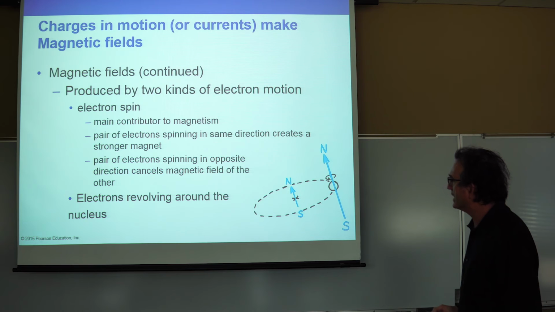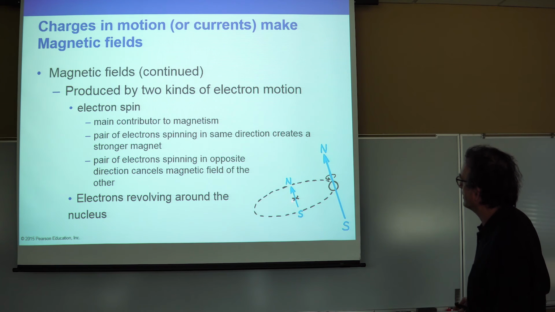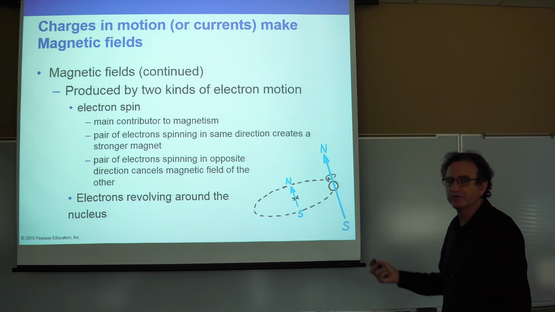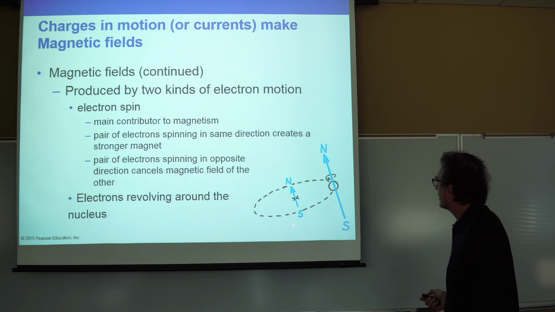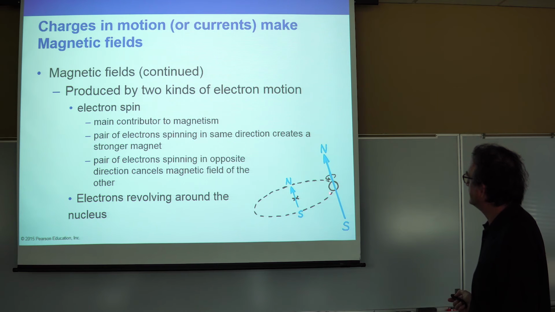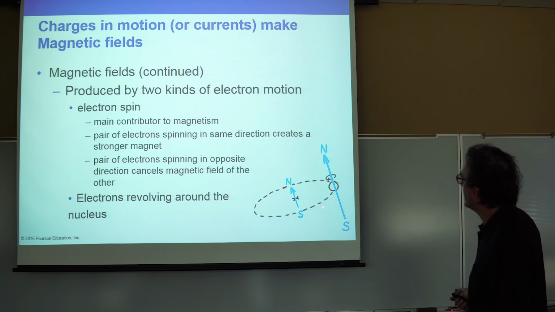So the way to visualize this in an atom is that we imagine in this lower drawing, the X is where the nucleus, or the center of the atom, is. It's where the core of protons and neutrons are concentrated. And the electron, indicated by this black circle, is moving around, circulating the center.